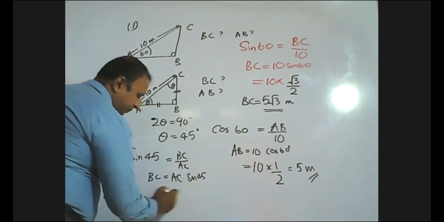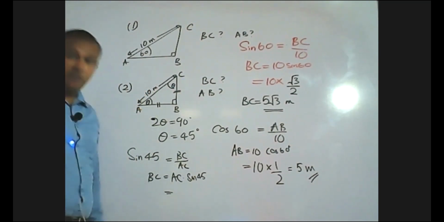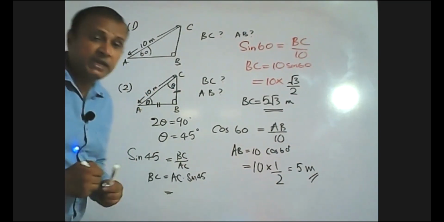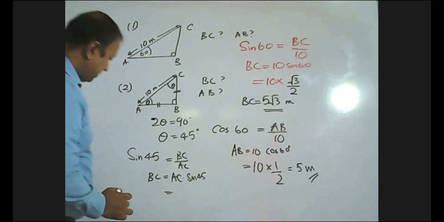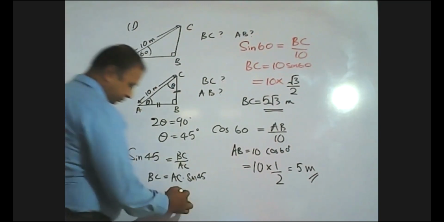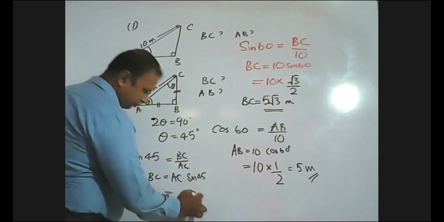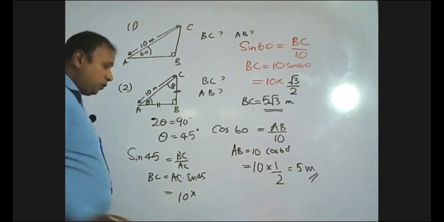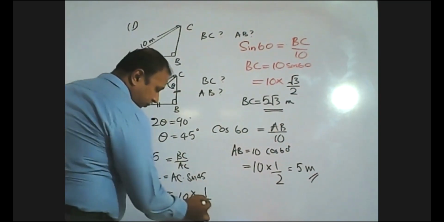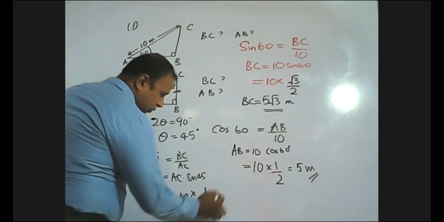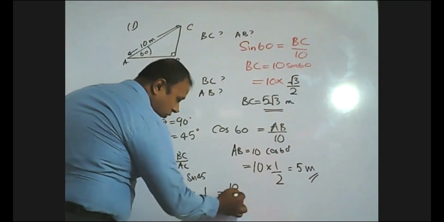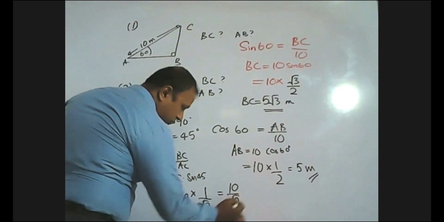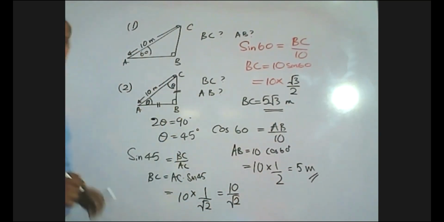So what is the value of sine 45? It is equal to 1 over root 2. So it is equal to 10 over root 2.